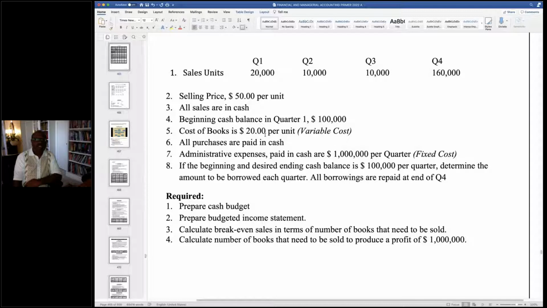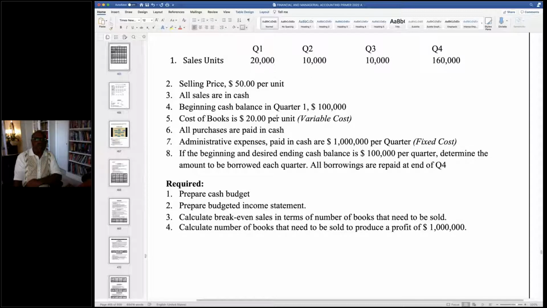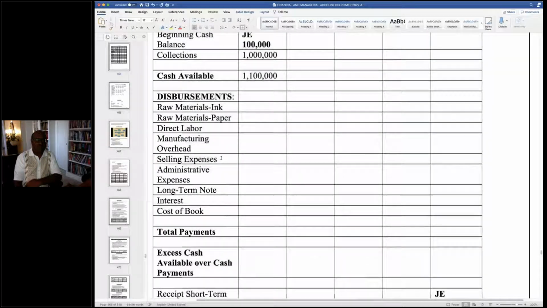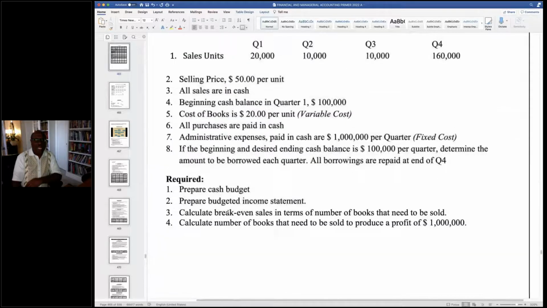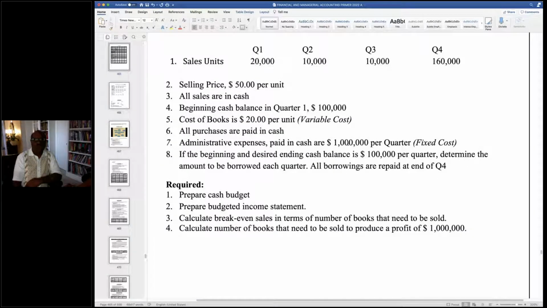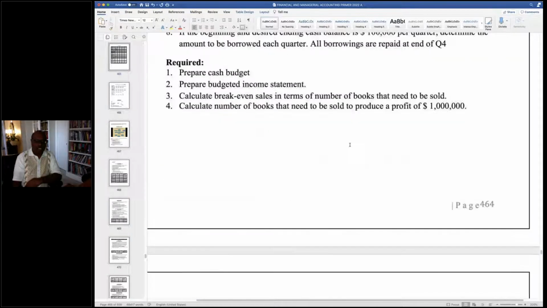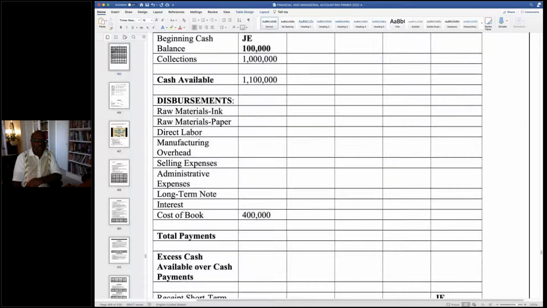If we sell 20,000 books, then how much do we got to pay for the books? Is that 400,000? And our administrative expenses, we said, are $1 million per quarter. That's our fixed cost. Every quarter, we got to pay administrative expenses of $1 million.